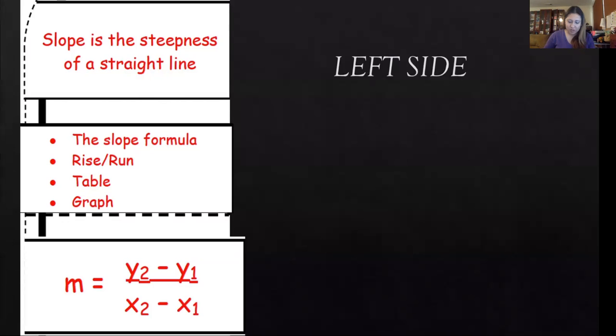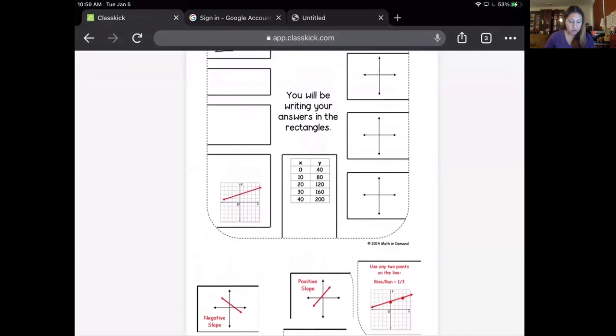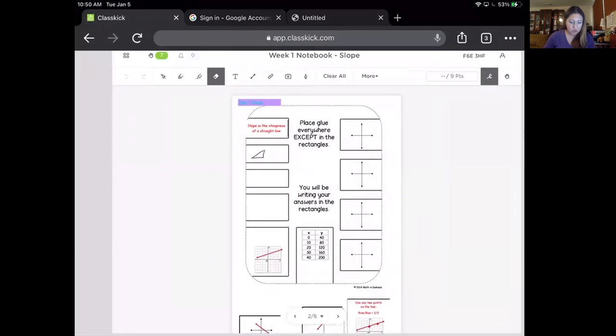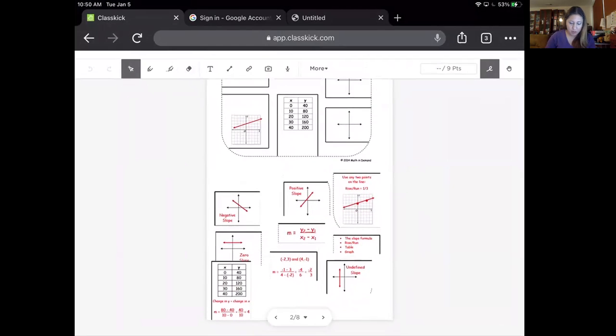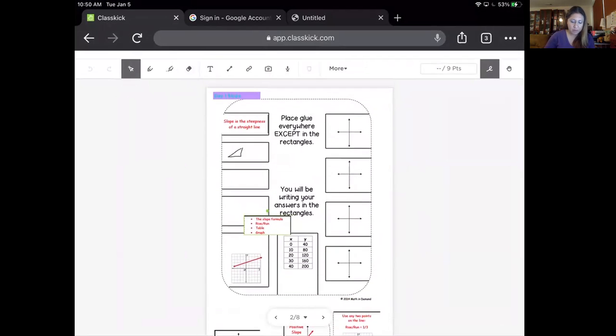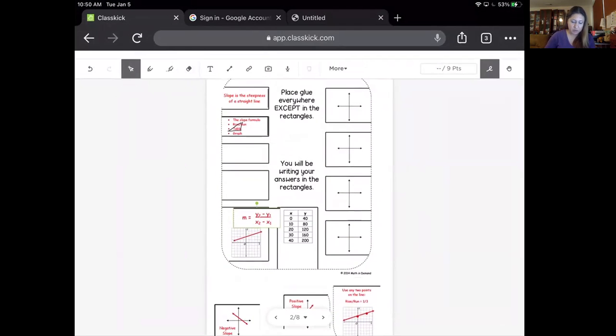So let's pull up my assignments and I can help you guys out with this part. I'm going to click on that mover. I am looking for slope formula, rise, run, table, graph, and I'm going to move it right there. And then I'm looking for the slope formula, and I'm going to move it right there.